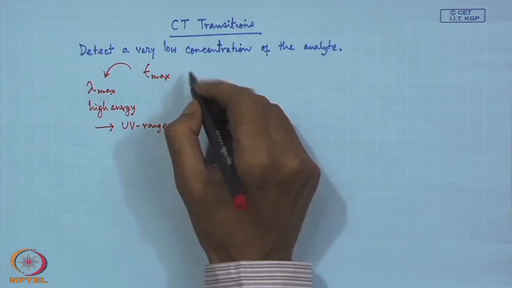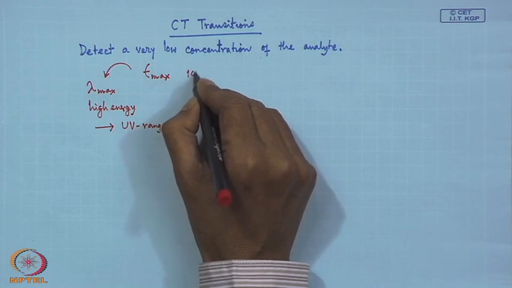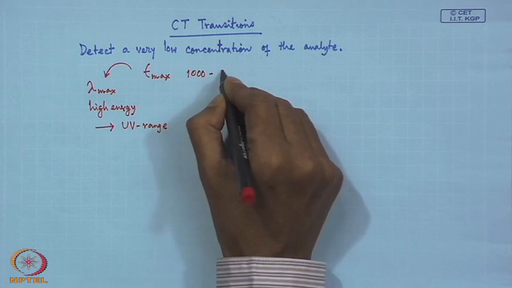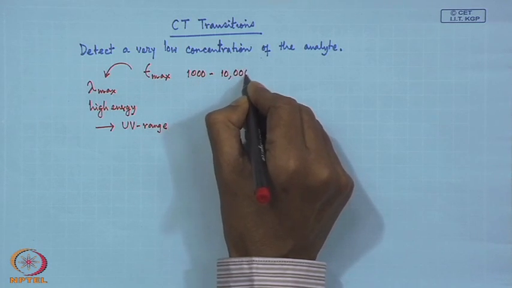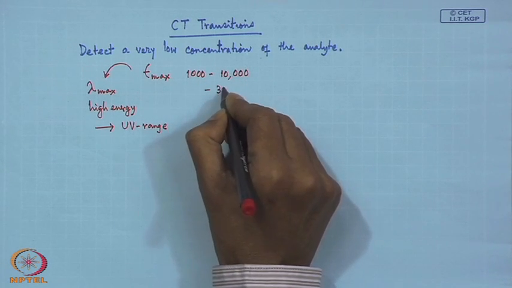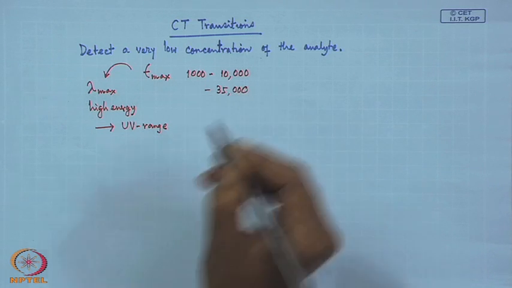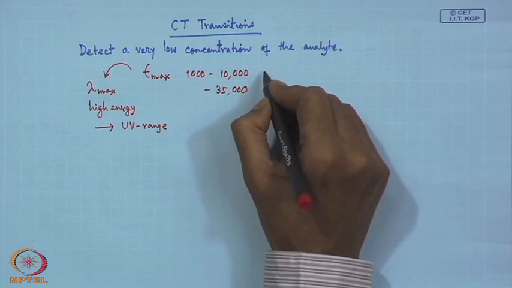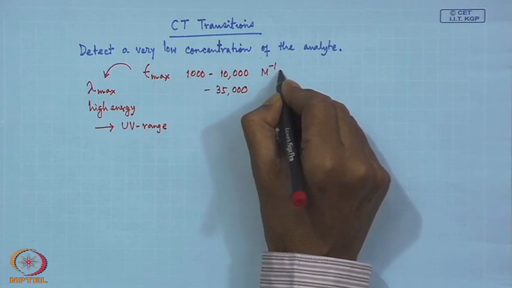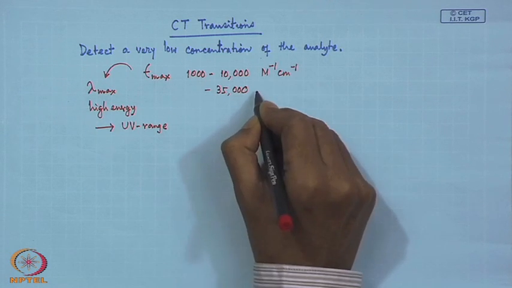And the epsilon max is around 1000 to 10,000, or sometimes very high, up to 35,000, in units of mole inverse centimeter inverse.